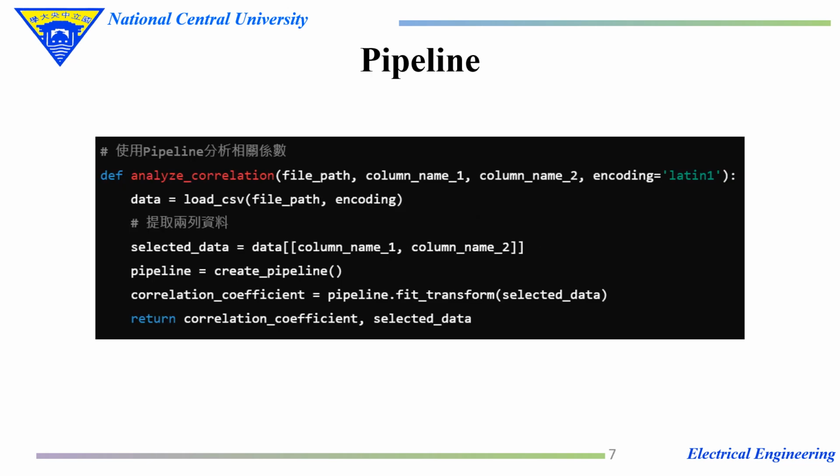Next, the core analysis happens in the analyze correlation function, which calls loadCSV to read data from the specified CSV file, extracts the specified columns from the data, creates a pipeline using createPipeline, fits the pipeline to the selected data, and transforms it to get the correlation matrix. It returns the correlation matrix along with the selected data.